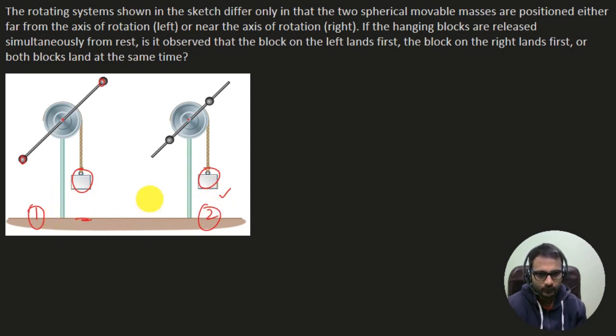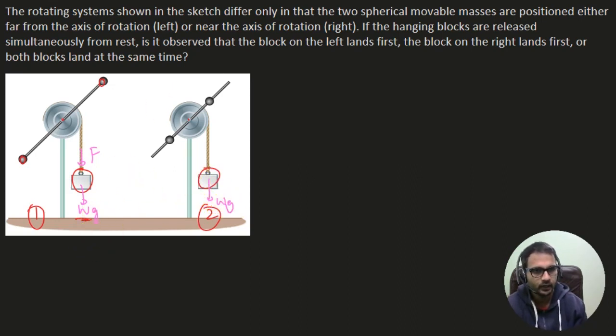This is the question. Now to solve this kind of conceptual question, we're going to use Newton's second law of motion in rotational form. Now here we can see that the net torque acting on both pulleys is the same. The force F is applied here, and this becomes a tangential force on this pulley, and this force is equivalent to the force applied by gravity onto the block, and the same for here also.